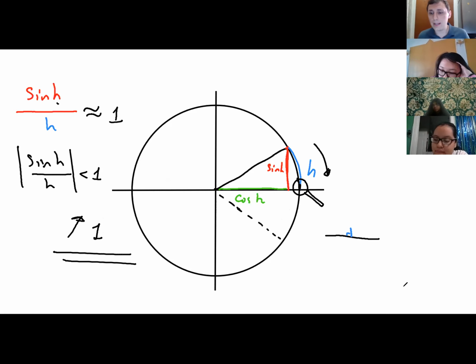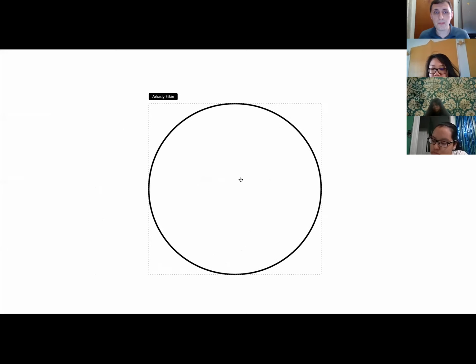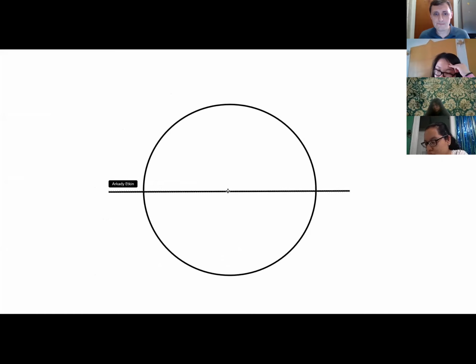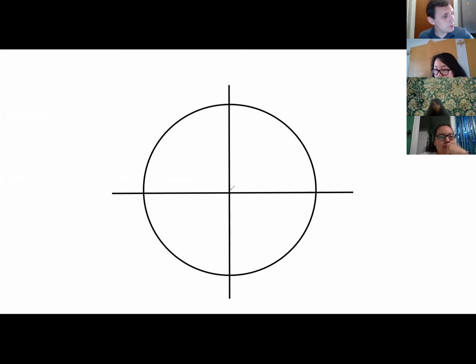Good. Now, what happens with cosine? It's slightly more difficult to understand just by a picture, but I'll try to give you an intuition of what happens to cosine. Good. So now, similar situation.